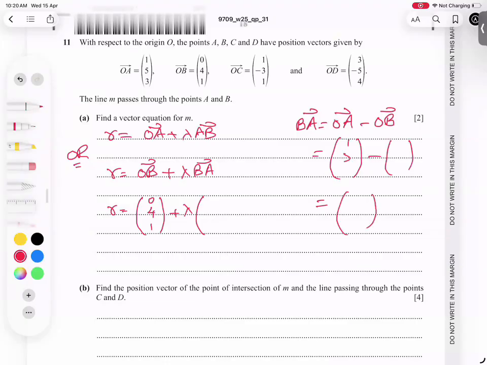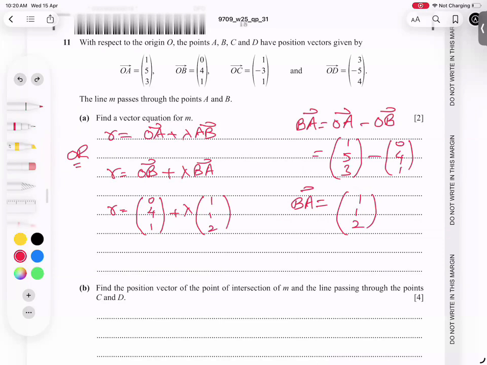OA is (1, 5, 3) and OB is (0, 4, 1), and I'm getting (1, 1, 2). This is the BA value, which I'm going to plug in here. So I got (1, 1, 2). So the equation of the line is done. This first part is done.